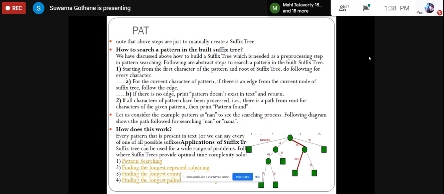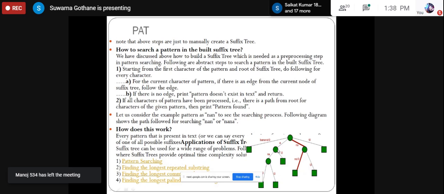So here we can find this, okay. If you are able to find NA, you will get this pattern, and this text is going to be available. NA is available inside this suffix tree.